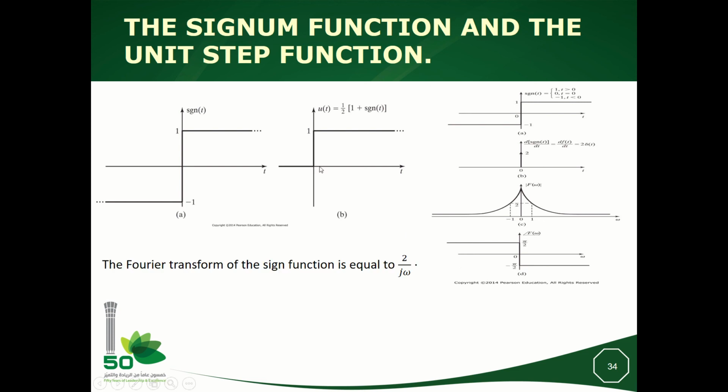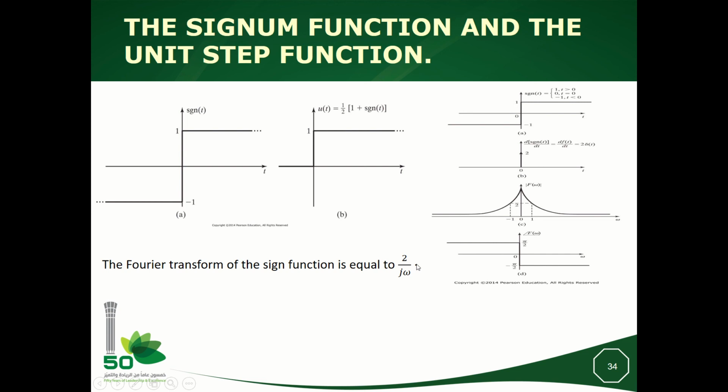So the Fourier transform of the sine function, we can get it from the differentiation property of the Fourier transform. It means j omega F of omega, where F of omega is the Fourier transform of the sgn function, is equal to 2, which means that F of omega equals 2 over j omega.